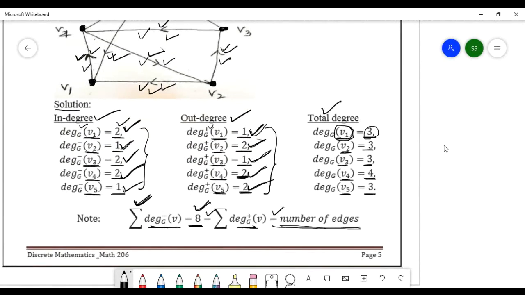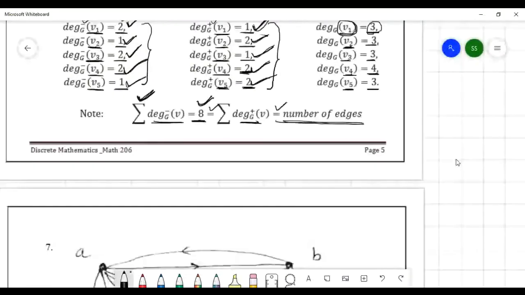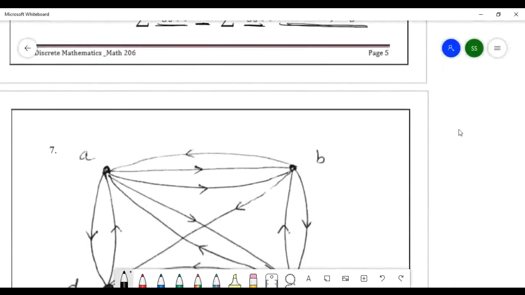Right? So total in degree is equal, total out degree is equal, and total number of edges is equal. Yes. Now come to the next question.